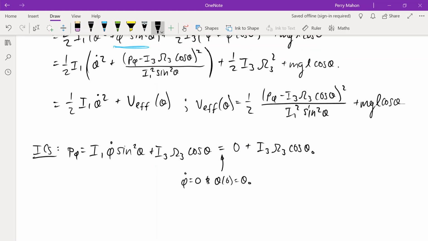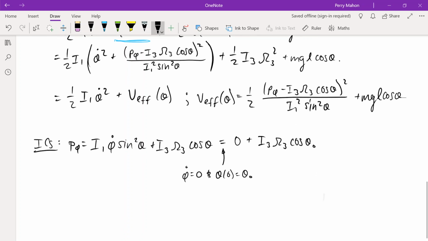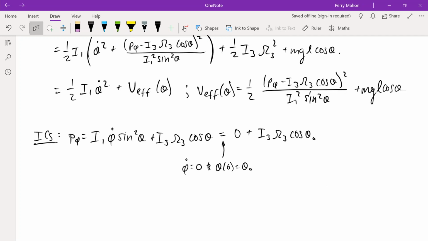This is our value for p phi, and now we can plug this into V effective. In V effective we end up having a term like I3 omega 3 cos theta minus p phi, so this is just I3 omega 3 cos theta minus cos theta naught.